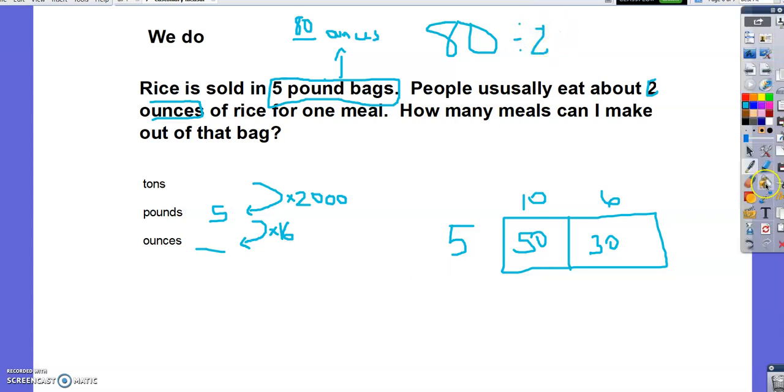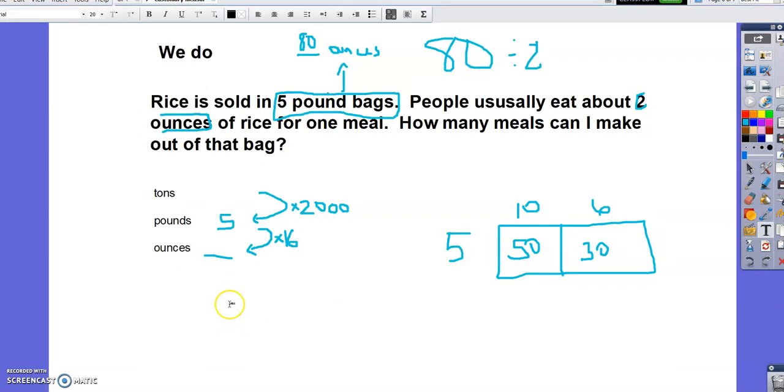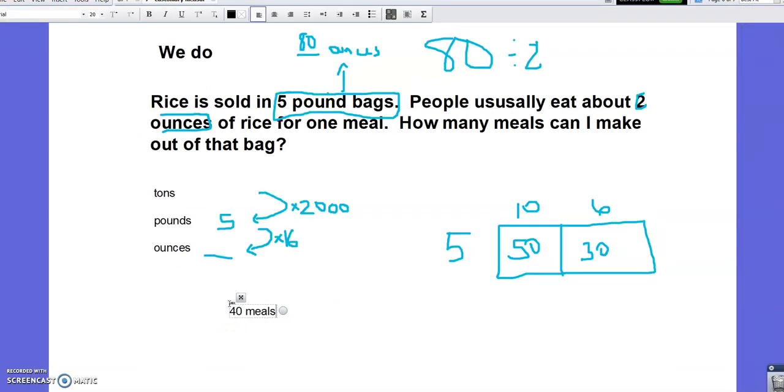And it looks like I can serve about 40 meals from the 5-pound bag of rice. Again, the problem was impossible when it was a 5-pound bag of rice. It was quite easy once we changed it to an 80-ounce bag of rice, because then I have ounces here, I have ounces here, everything quite simple to do.